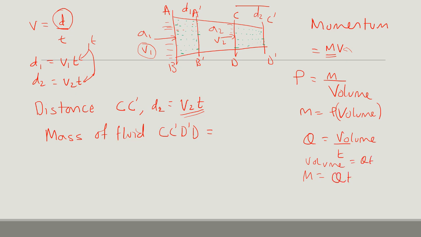And we know that Q is equal to A times velocity, which is V. So we can simply say M is equal to A, which is area, times velocity times time. So the mass of the fluid here will be equal to the area.